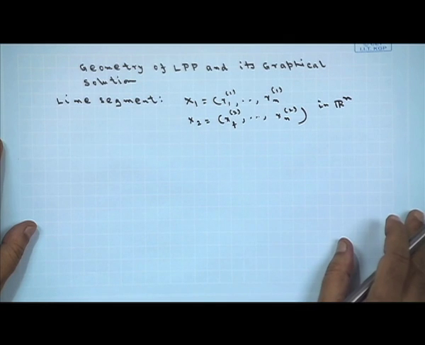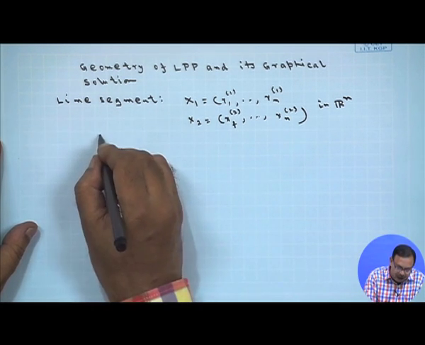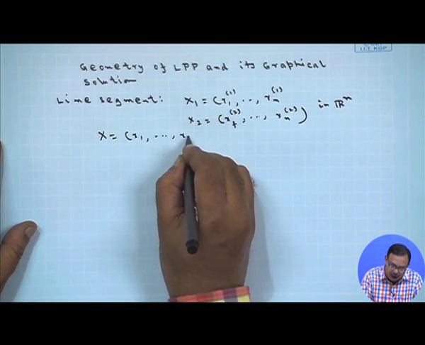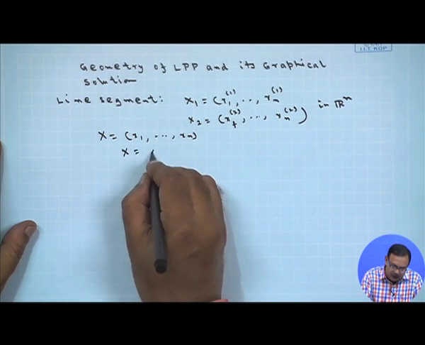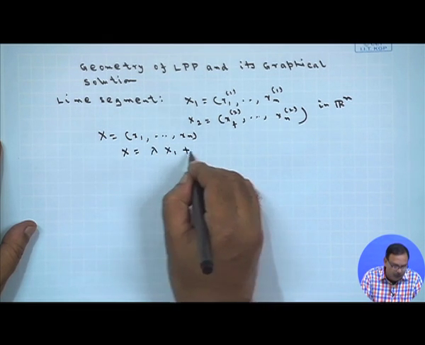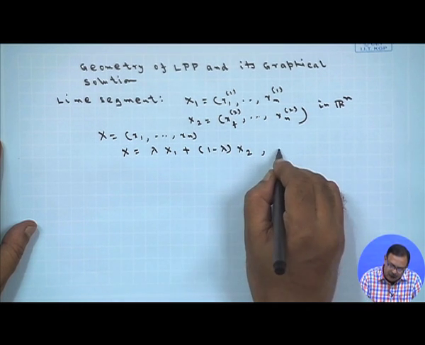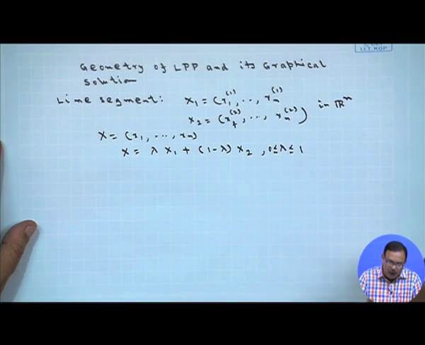Then the line segment joining these 2 points x1, x2 is the collection of points x such that x equals lambda x1 plus (1 minus lambda) x2, where lambda lies between 0 and 1.